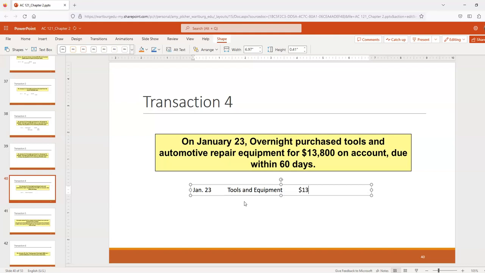And the total of that is $13,800. And then our credit for this, we did not pay cash. Instead, we bought on credit, which means we now have an accounts payable. And we owe $13,800 for these tools.